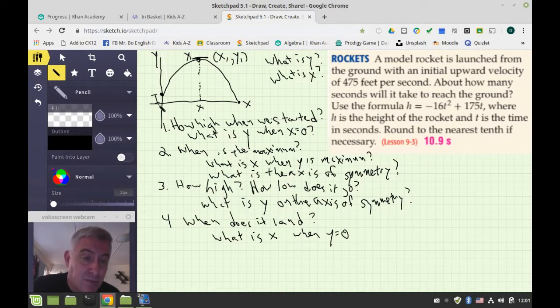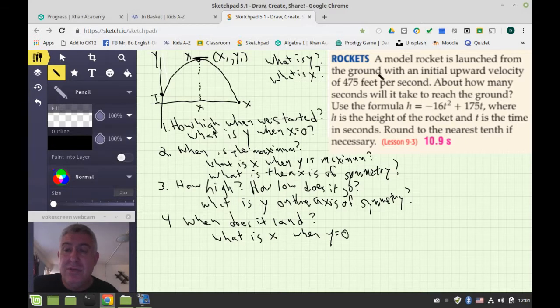Between these two zeros, there's a middle. And how high does it go? First we find the axis of symmetry, and then we substitute and find y. To find when does it land, it's just one step, and we find the larger x-intercept. So those are pretty much all the kinds of word questions you're going to have.